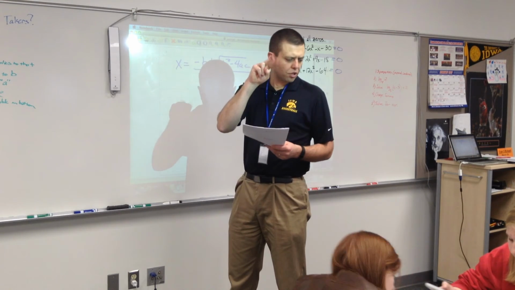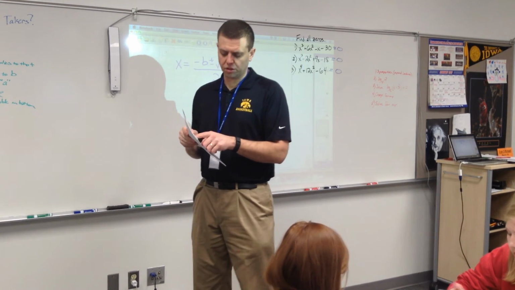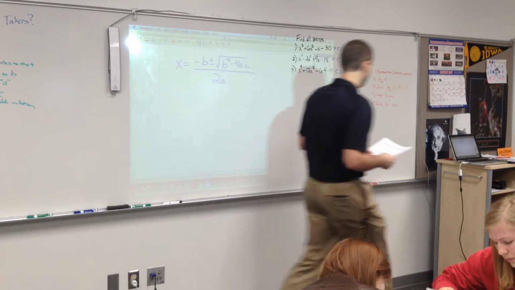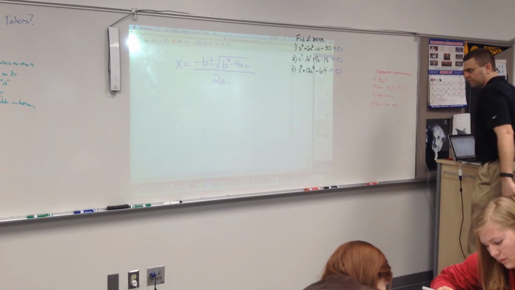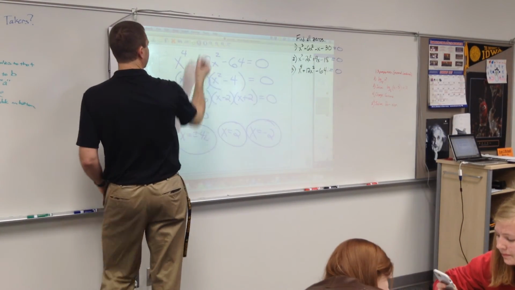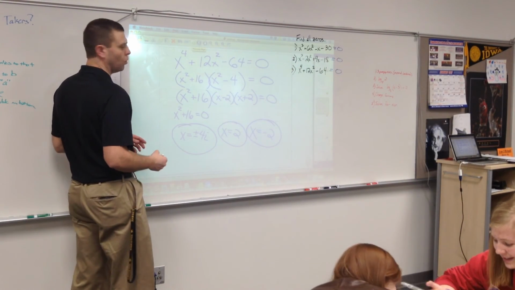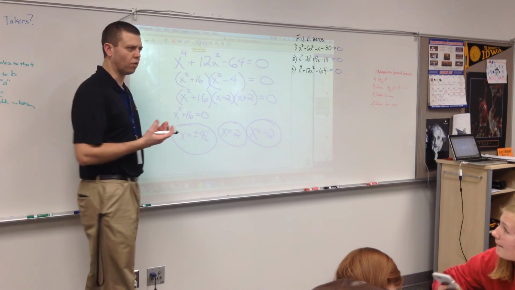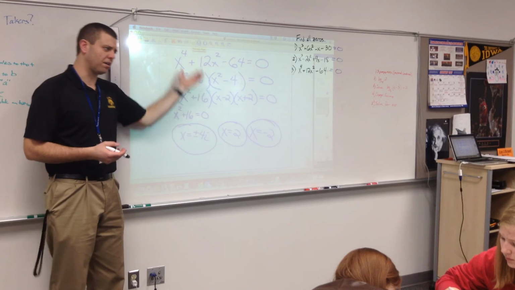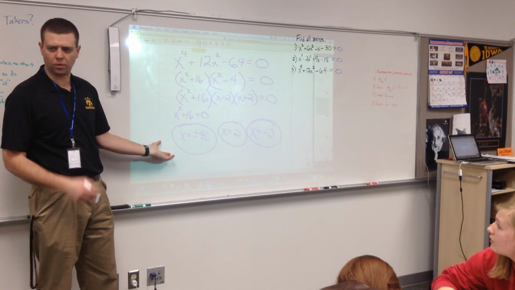I want you to do 2 things with these. I want you to find all the zeros, but I'd also like you to write it in factored form. So what I mean by that, it's just to make sure you have a good understanding of what factored form is. So if I said find all the zeros and write it in factored form, I kind of did that all in one here.